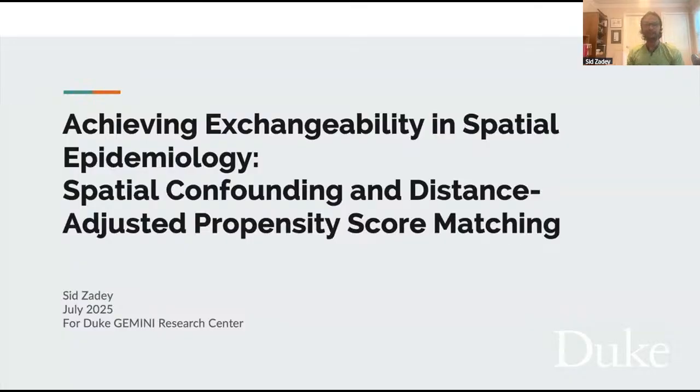Today I thought I could talk about how we think about exchangeability, spatial confounding, and how in certain methods we can now leverage spatial confounding as a way of getting better treatment effects.